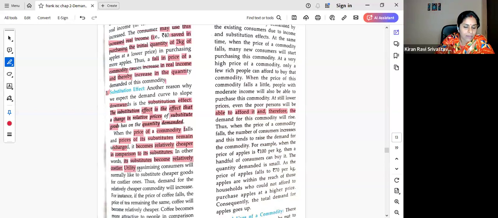Utility. A consumer who maximizes his utility, a utility maximizing consumer, will normally like to substitute cheaper goods for costlier ones. If a customer likes substituting and focuses on utility, not on the brand, okay, a hardcore, die-hard fan of KFC will still buy KFC.